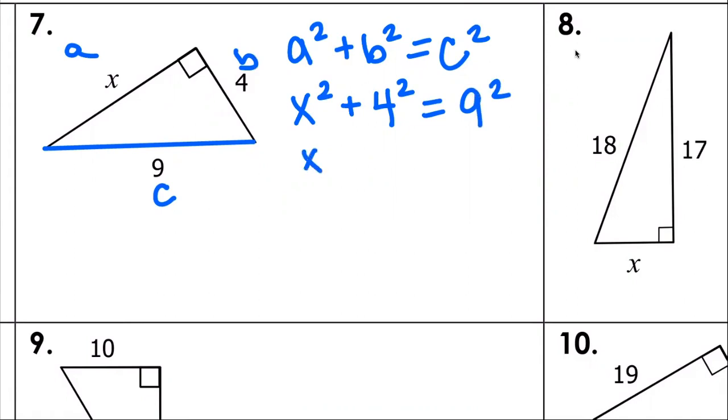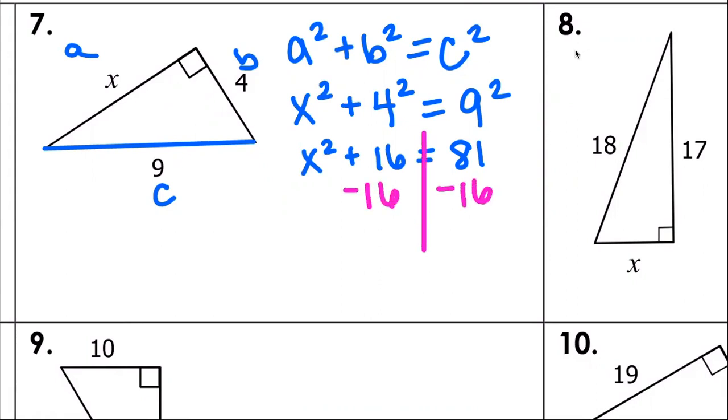Well, we know that 4 squared is 16 and 9 squared is 81. Okay. Well, we need to get x squared by itself. So to undo that 16, we're going to subtract it to the other side. Remember, we are doing this without a calculator.